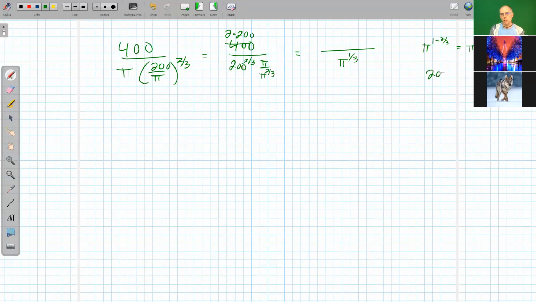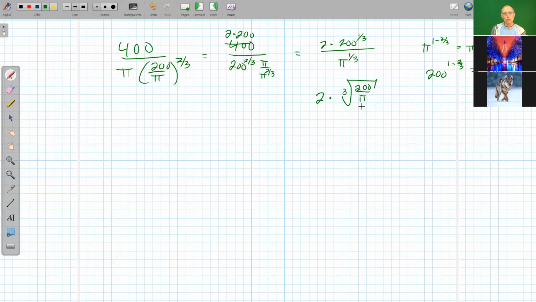So same thing, 200 to the 1 minus 2/3 power gives me the cube root of 200. And then I have the times 2. So then I'm going to get 2 times 200 to the 1/3. So that is another way to write that. Oh, these are both to the 1/3, so that's 2 times the cube root of 200 over pi.